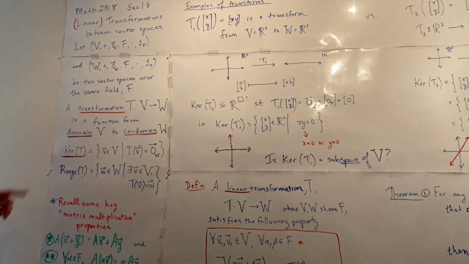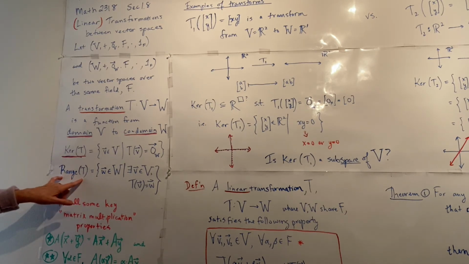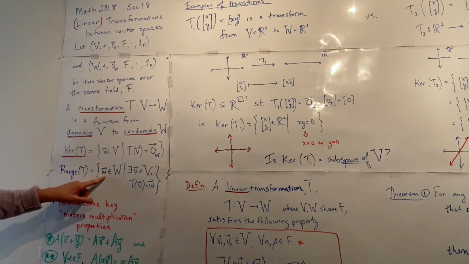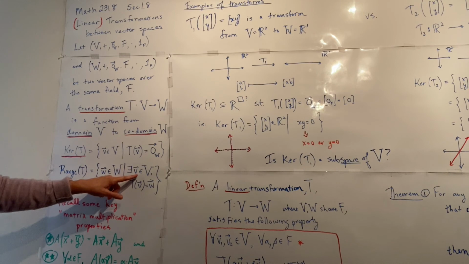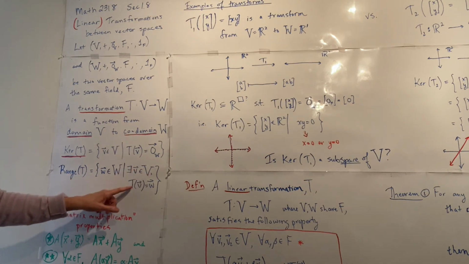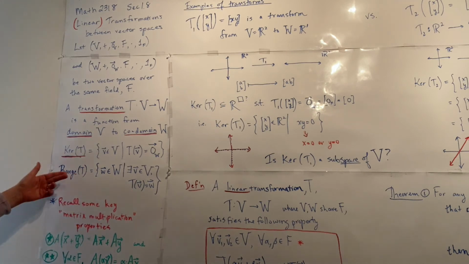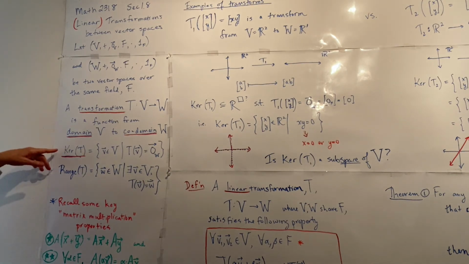That is distinct from the word range, which you might remember from your function days. Sometimes the range is a subspace of W. It's the set of all vectors w in the codomain W for which there exists a vector v in the domain such that T of v is equal to w. That word range does correlate to your definition of range from college algebra, calculus, and so on.